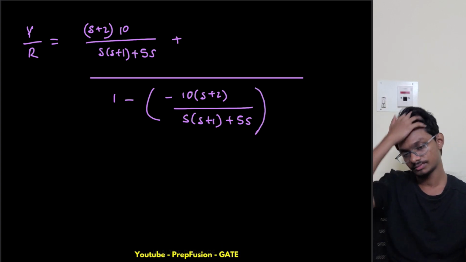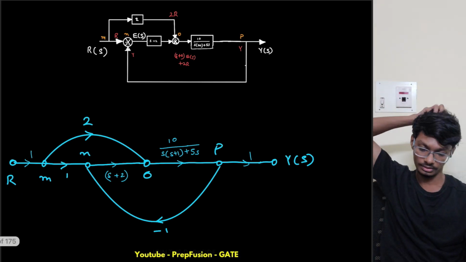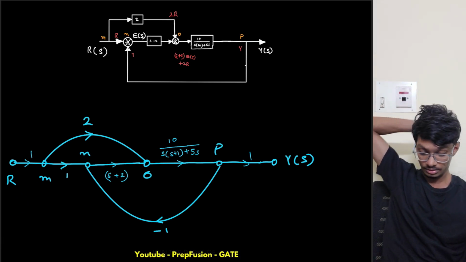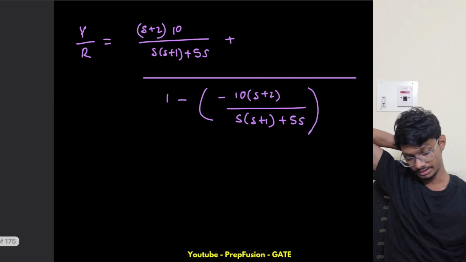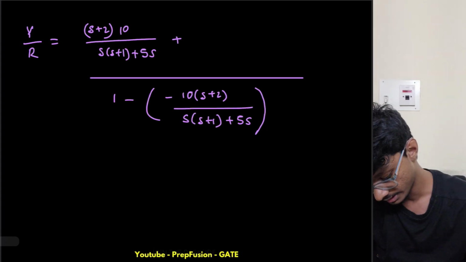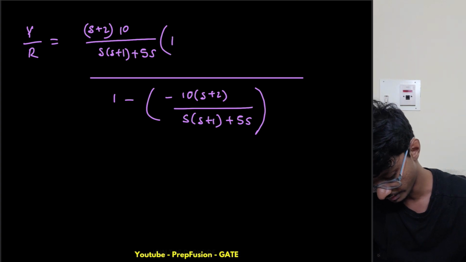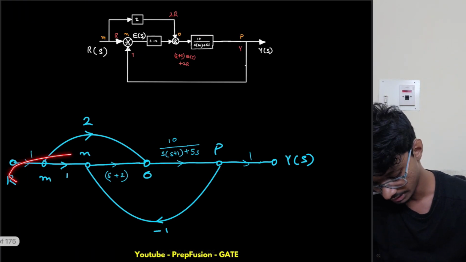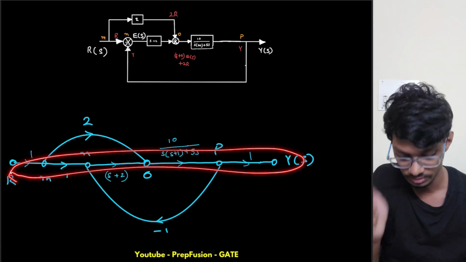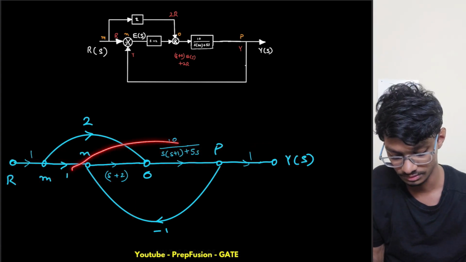Now what will be this isolated loop gain? Before adding, I have to multiply with the associated loop gain factor. If I remove this, we have only one loop left, so this will be ineffective because this is floating.